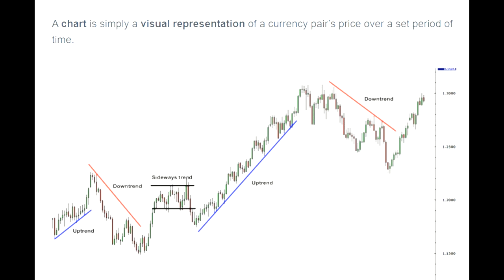As we move forward, I'm going to try to break down this chart as easy as possible for you to understand, but this is just how it looks, and this is a candlestick chart, because there are different types of charts. In Forex, almost 90% of traders use the candlestick charts, the Japanese candlestick charts.